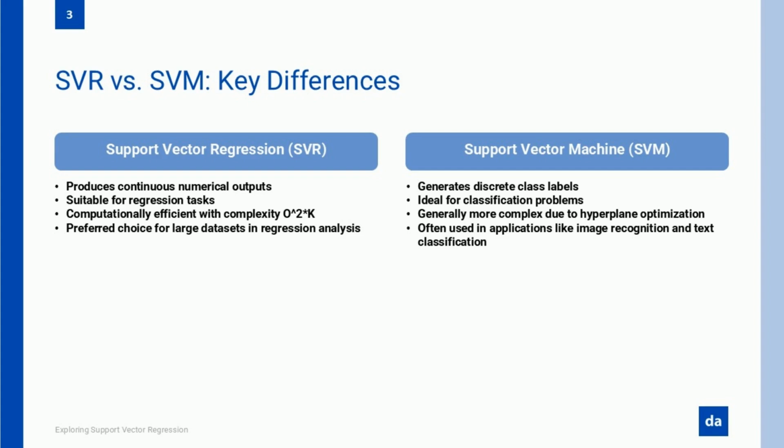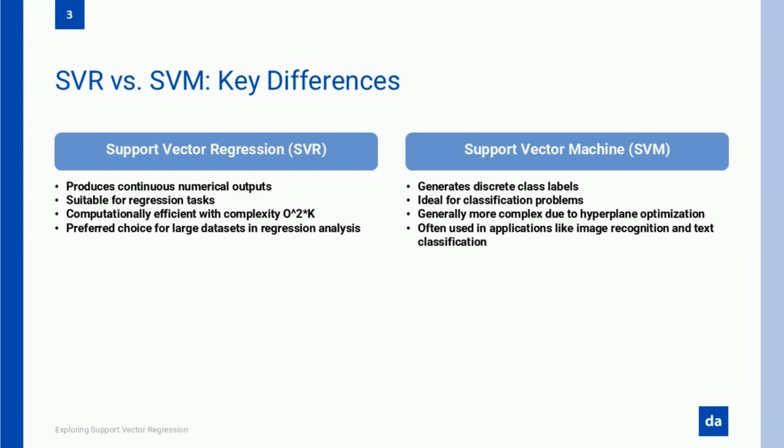Support vector machines focus on maximizing the gap between categories. They care most about the hardest to classify points, the ones sitting right on the edge of the boundary. Support vector regression, however, introduces the epsilon margin, where small errors are completely ignored. This is what makes it resistant to noise and minor fluctuations in data.